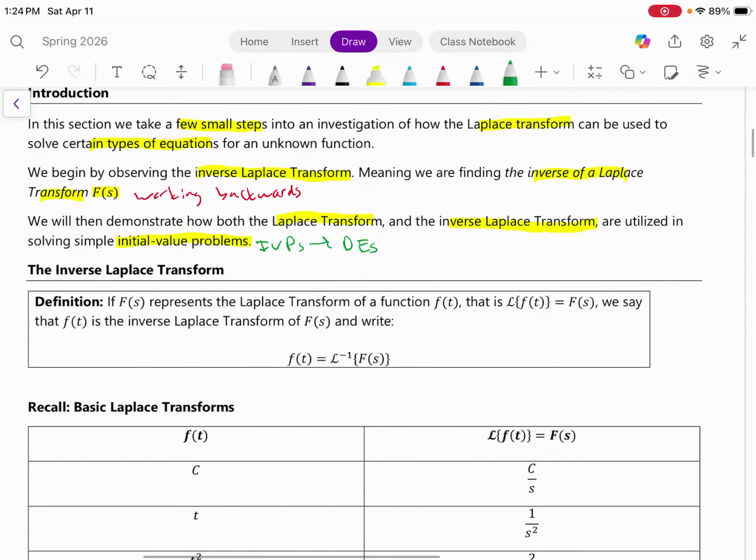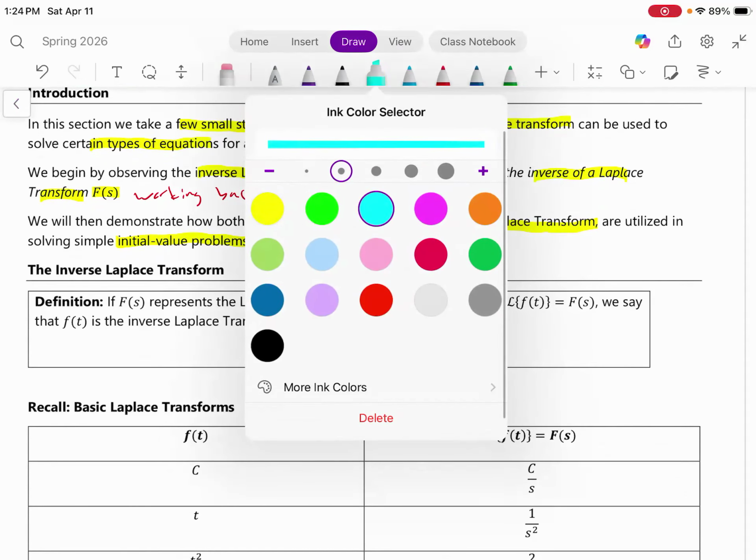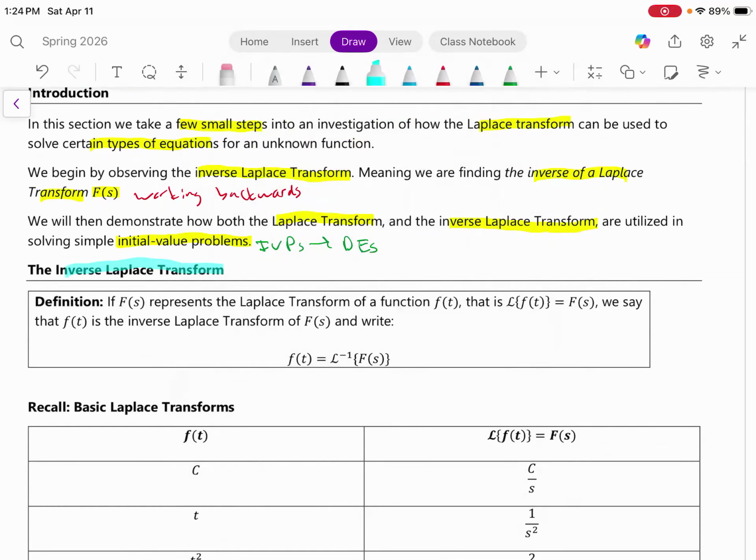Okay, so let's go ahead and define what an inverse Laplace transform is. So here's a definition. If we have a function F of s, which is already a Laplace transform, right? Laplace transform of a function of t equals a function of s.